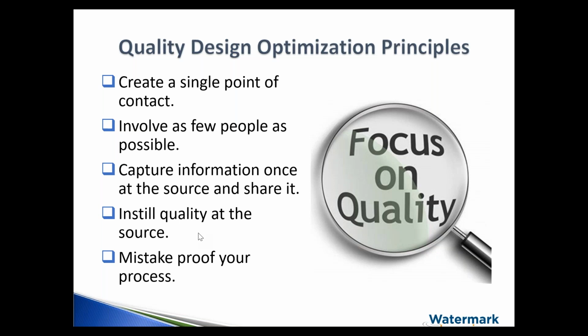So I won't put a plug into the wrong thing, so I don't burn it up, I don't hurt myself. There are a lot of safety components on, whether it's a lawnmower or anything else. So where can you mistake proof your processes? Prevent you from doing the wrong thing at the wrong time.